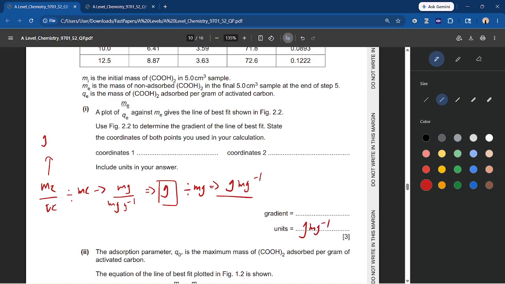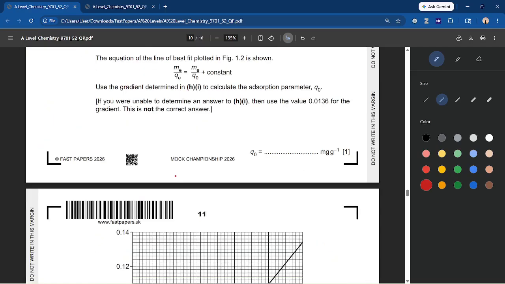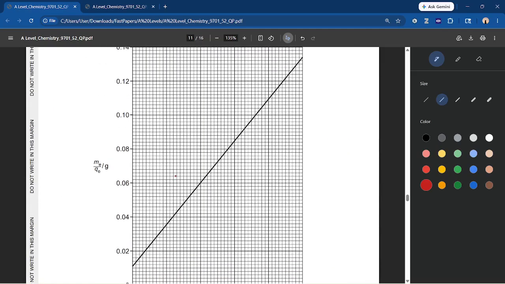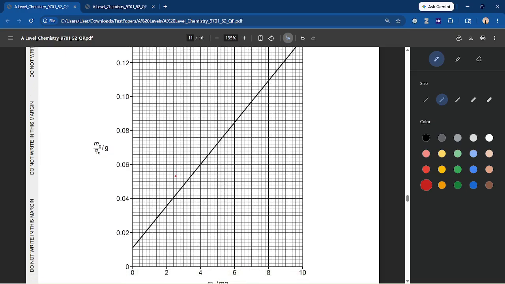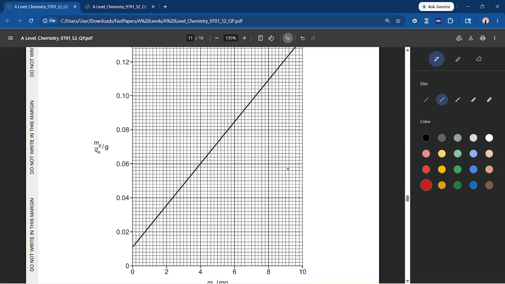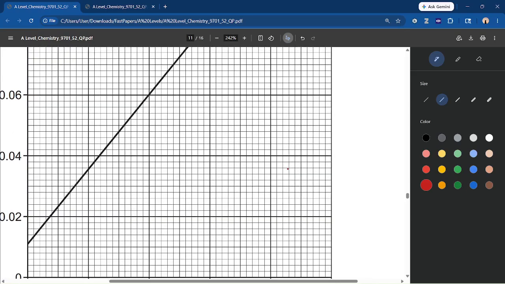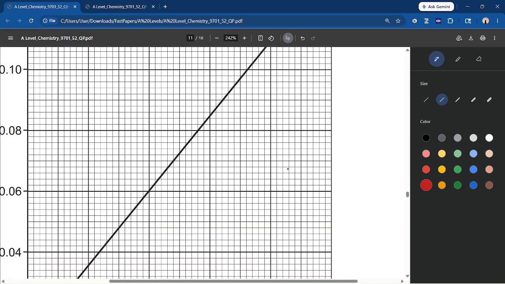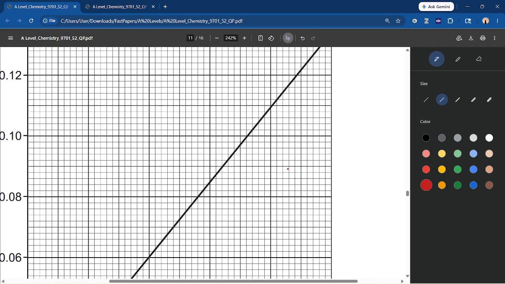And now for the gradient, you can choose any coordinates. Make sure that you write them down. You typically want something that's clean. So let's take something that we can easily see. I'm going to begin over here. This 9 is hitting this coordinate really well. So this is 0. Let me see if I can get this straight.